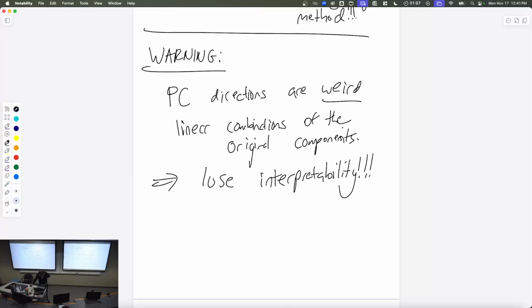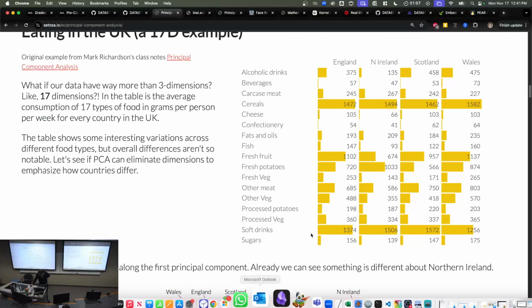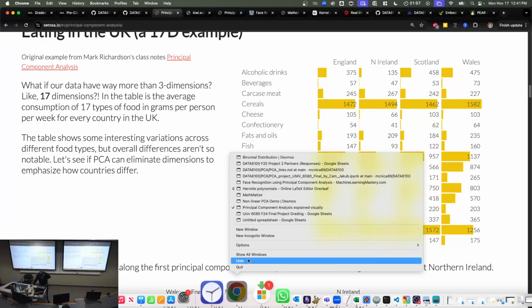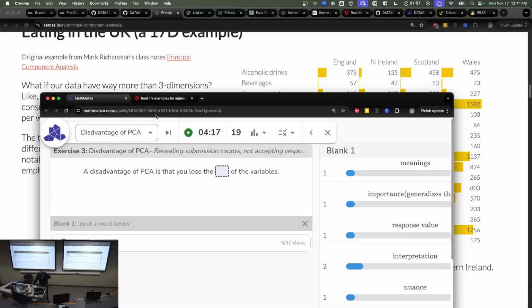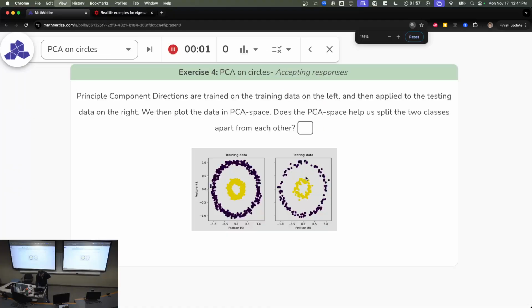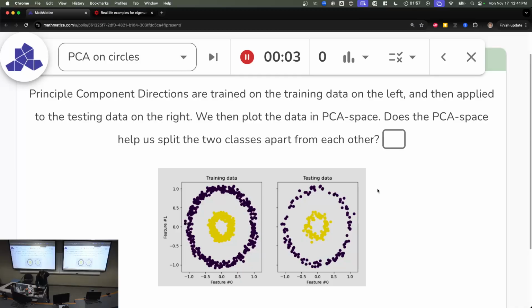And there's one other interesting thing with principal components, or PCA, that I will now ask you about. Here is an example data set. I have some training data and some testing data. The data has two features, so it's in 2 dimensions.